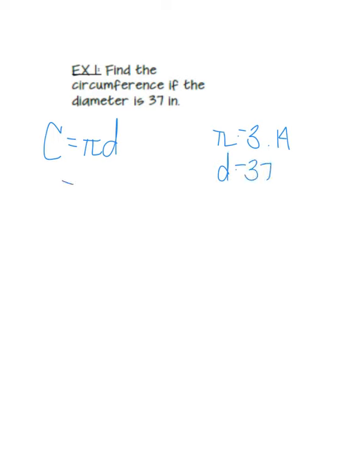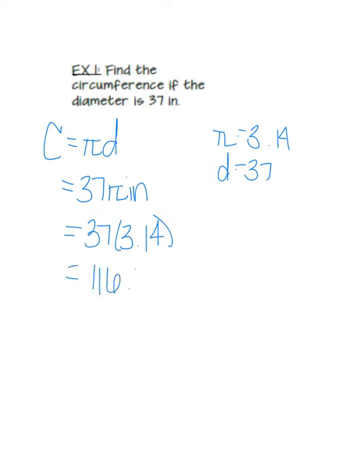Now there's two ways to leave this. We can either leave this as 37 pi inches, or we can multiply out the pi to see what we get. When we multiply it out, it will be an approximate answer. So the circumference is approximately 116.18 inches.